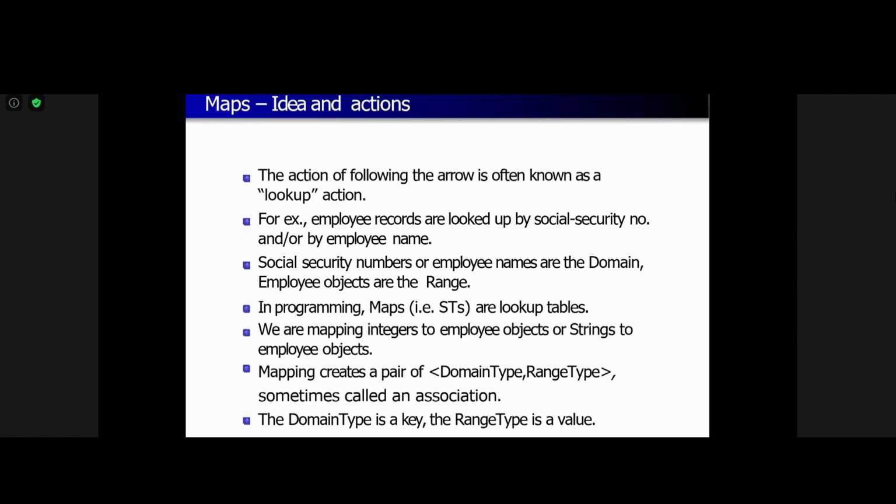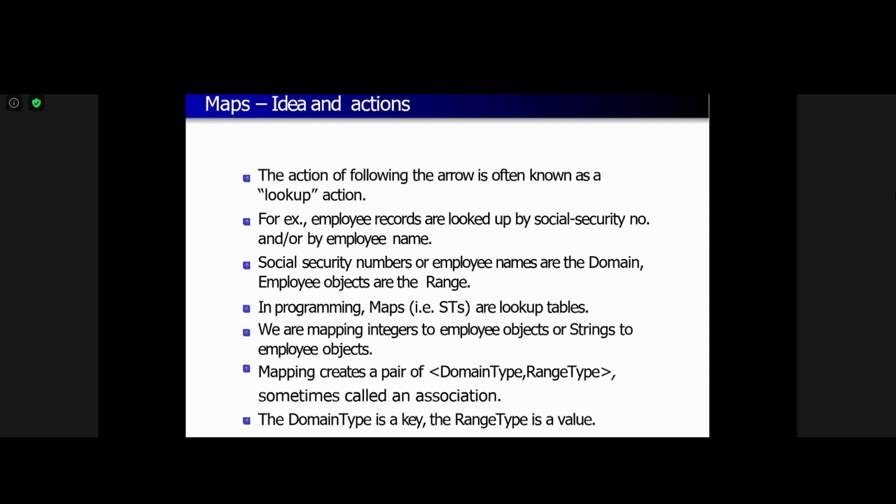You can call these lookup tables if you want. So we can be mapping integers to employee objects or strings to employee objects. And of course, we're usually going to use objects; integers themselves are a primitive type, so it'd be capital I Integers, more likely in reality.